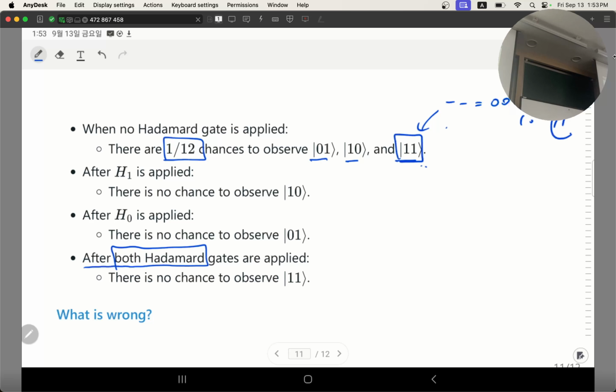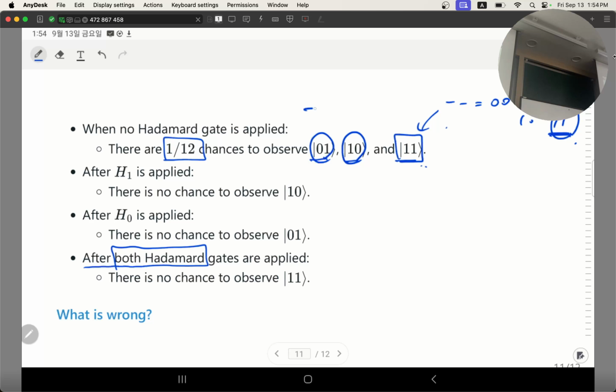So you still think that there is a chance to observe 1, 1. Or you also think that even if I have chances to observe these other two, they still have this 1, 1 state after taking the Hadamard.